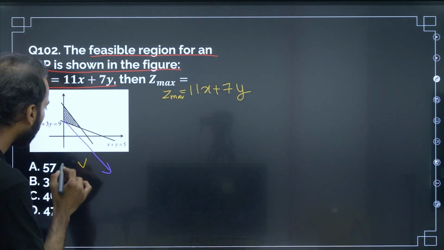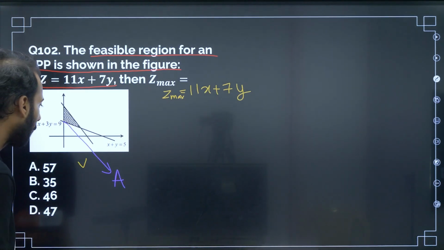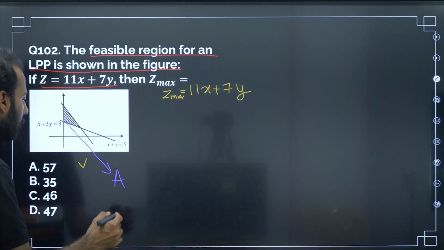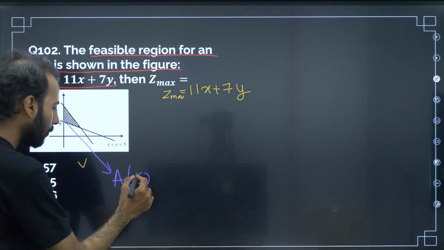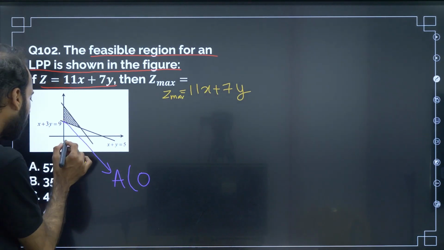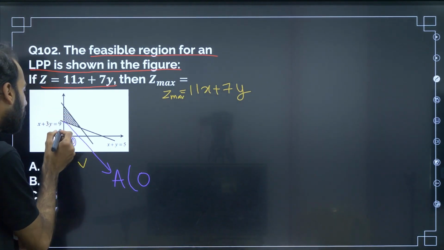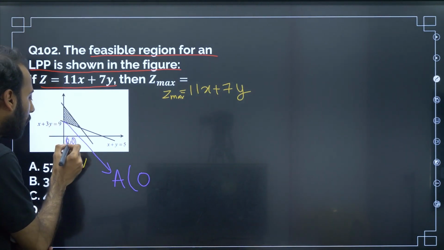Let me name that as A. It is very obvious that the first point will be 0. Sir, why will it be 0? See here, this point is 0, 0. We are moving along the y-axis, so only the y coordinate changes, the x coordinate does not change.